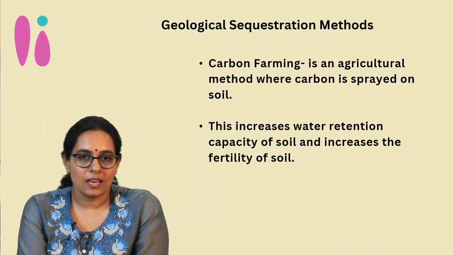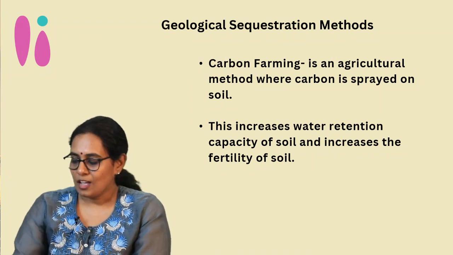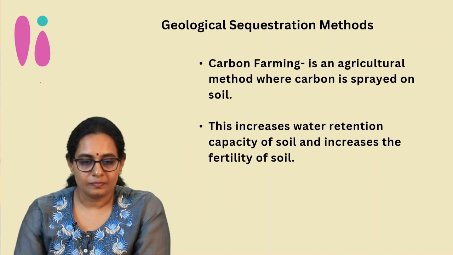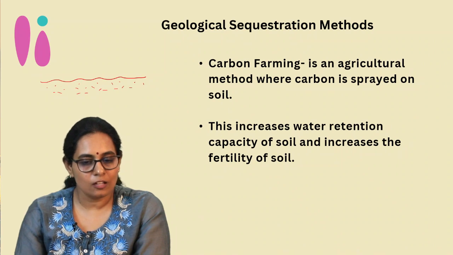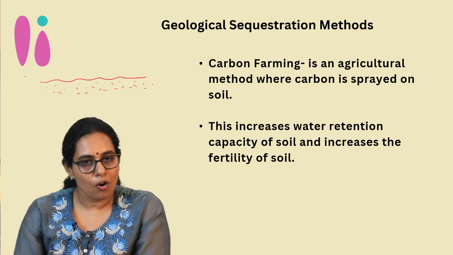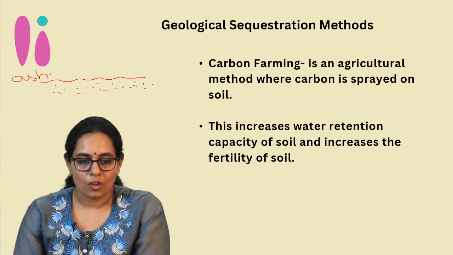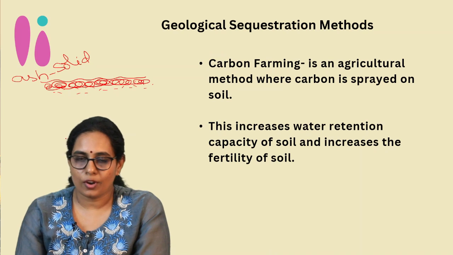So it helps in increasing the fertility of the soil. So you have soil, and this soil is an agricultural field. In the agricultural field, we trap carbon in the form of ash or in solid form, and we spray carbon in the top layer of the soil.